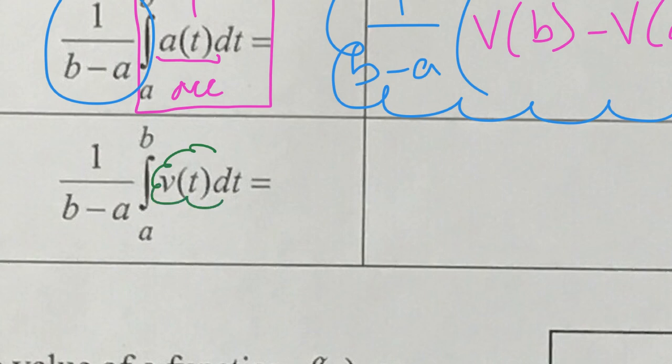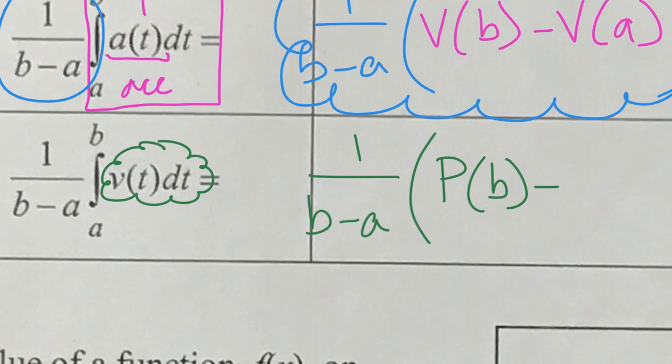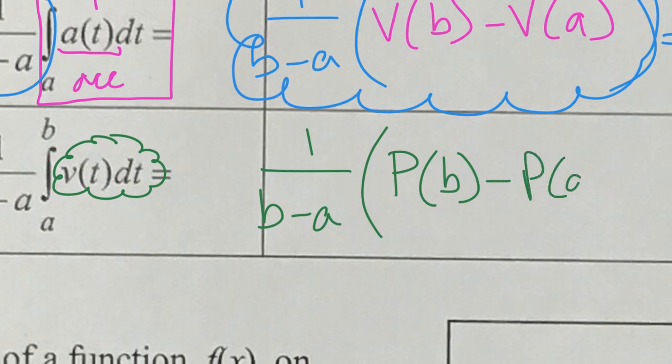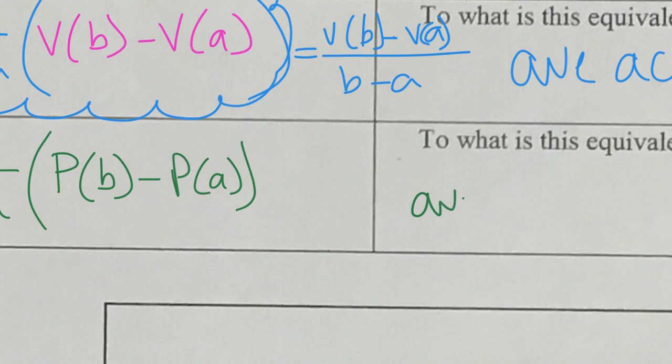So what is the antiderivative of velocity? Position. So this would be 1 over B minus A times the position function evaluated at B minus the position function evaluated at A, because position is the antiderivative of velocity. We just said this was known as average velocity.